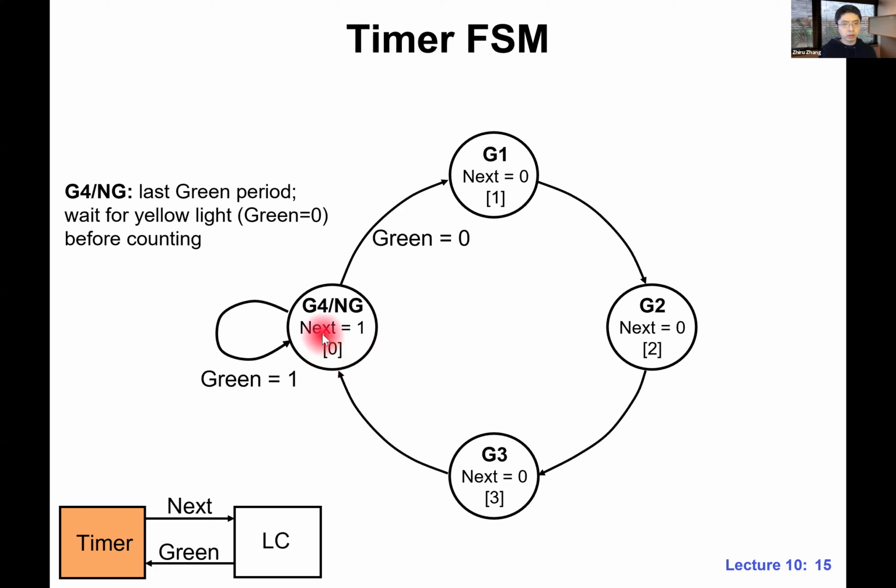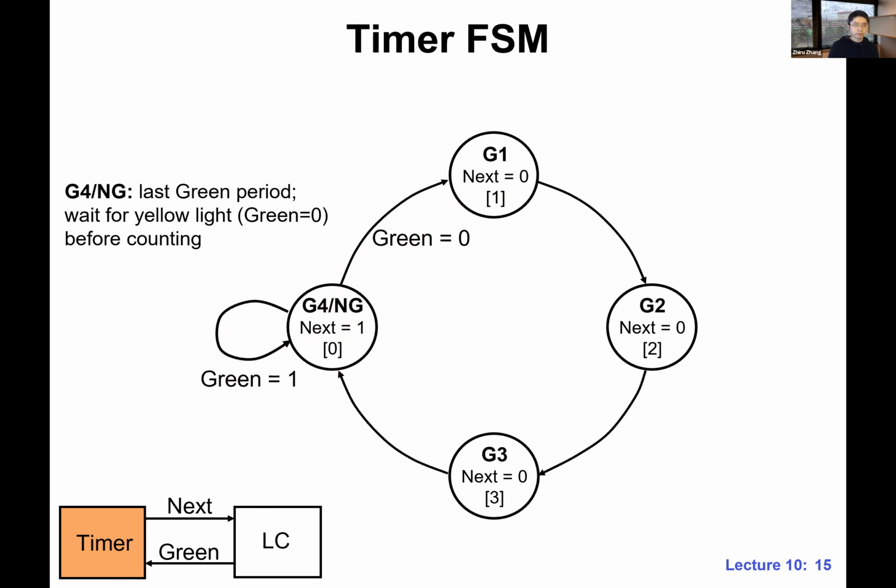At G4, the last green period, the light controller should make the transition to the yellow state. And we wait for one more cycle until we actually see the light becoming yellow, and then we make the transition. So that's how we save one state. All right, is it clear?